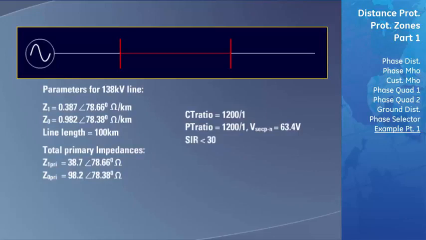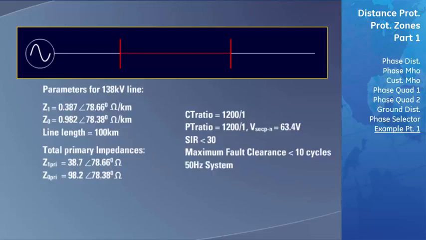The source impedance ratio of the power system is less than 30. Therefore, we can apply the D60 without having to make any modifications to compensate for weak systems that have a high source impedance ratio. The maximum fault clearance for this circuit, including maximum breaker fail time, is less than 10 cycles. And finally, our system frequency is 50 Hz.